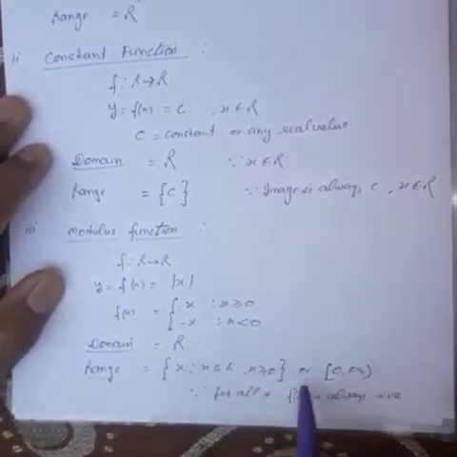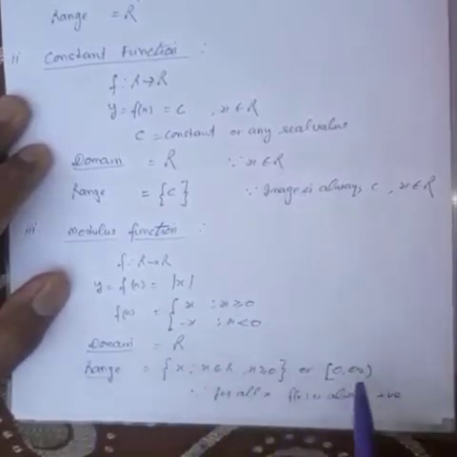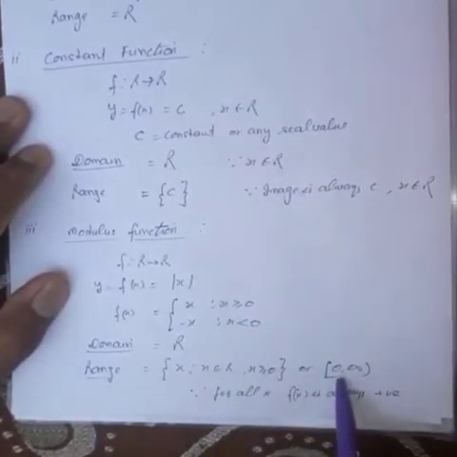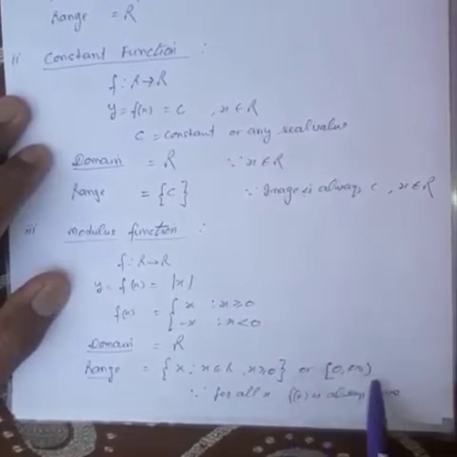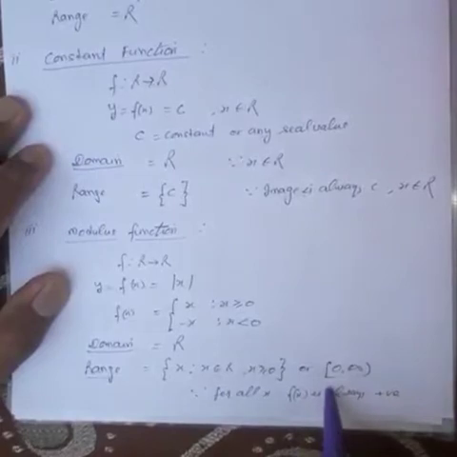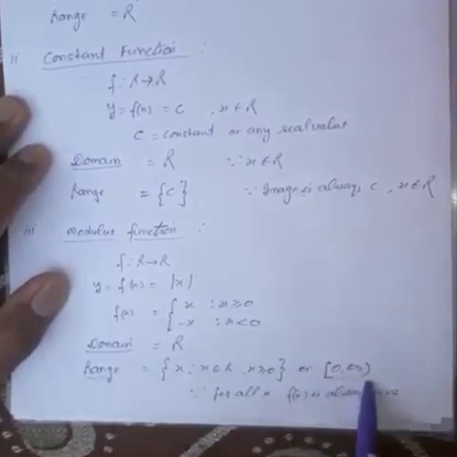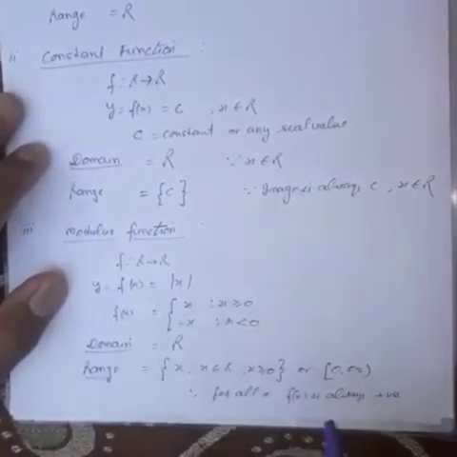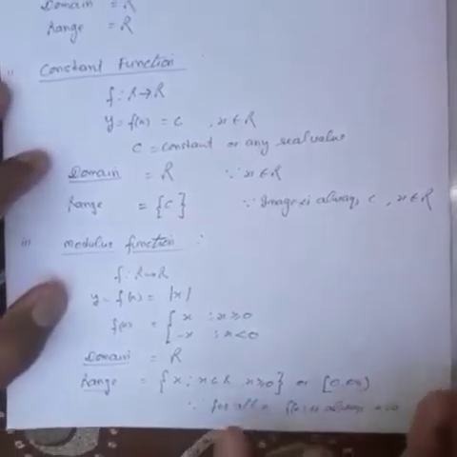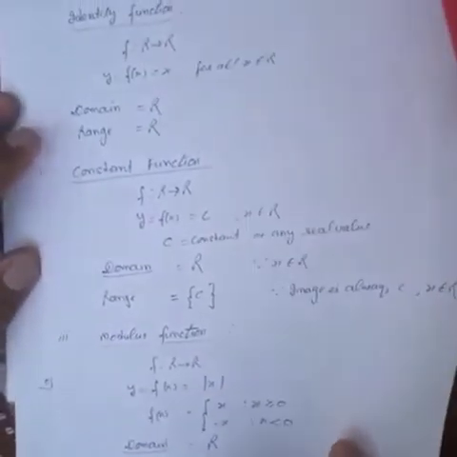We can also say that the range is the interval from 0 up to infinity, closed at 0 and open at infinity. This is the range of this function. It means all non-negative real numbers. So this is the range of the modulus function.